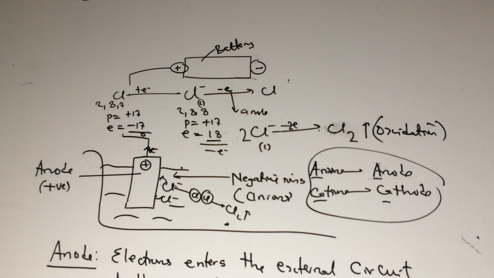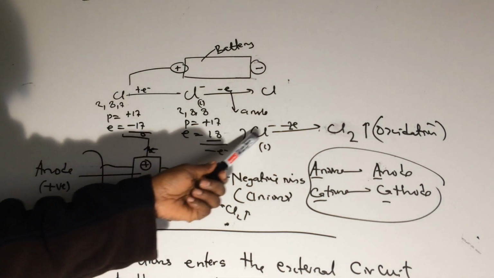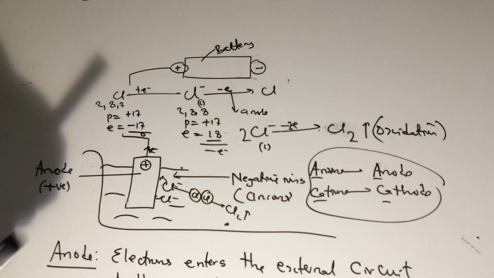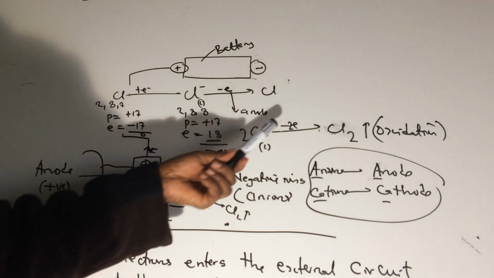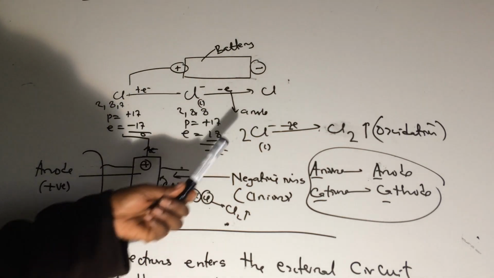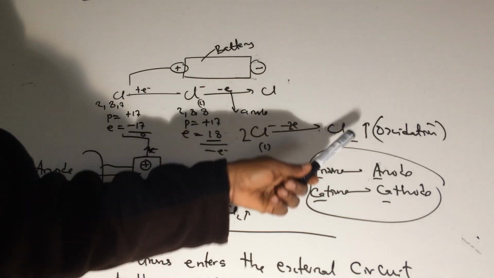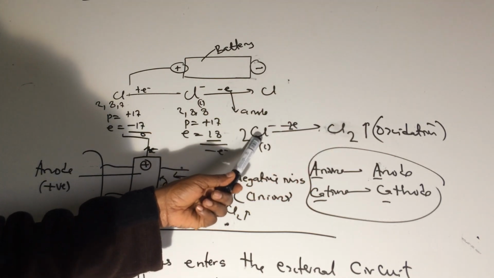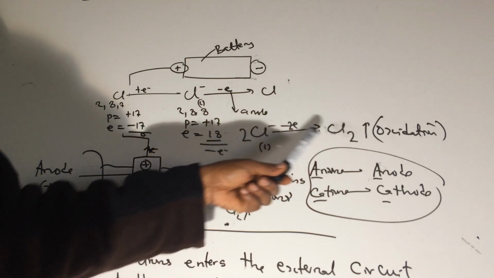Don't forget, right? So this is the discharge. That's oxidation. Oxidation in terms of electron transfer is electron loss. When you lose the electron, you have oxidation, or an increased oxidation number. So your number here is -1 for chloride ion, and here is 0.